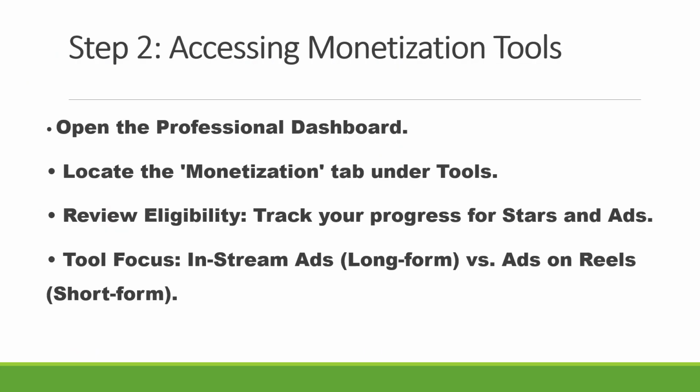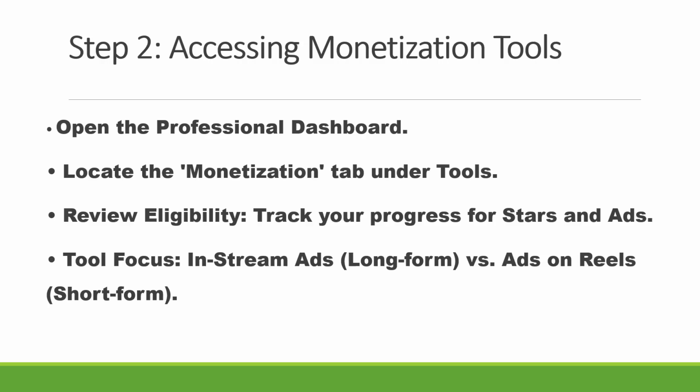Now, accessing your monetizing tool, you must always go to your professional dashboard. You will not see that professional dashboard when you are using a profile, but as soon as you open a page, you start seeing it. You now locate what they call the monetization tab.